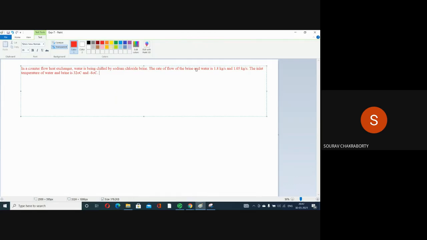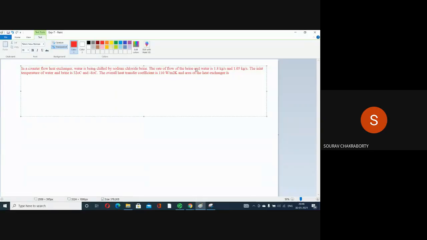The overall heat transfer coefficient is 110 watt per meter square Kelvin or degree Celsius. Okay.